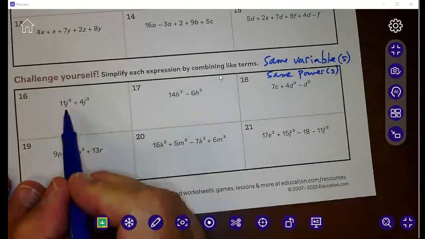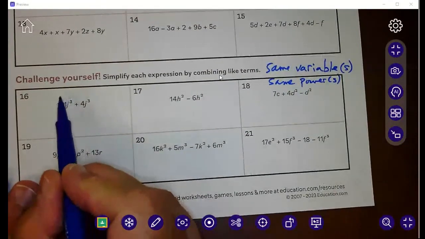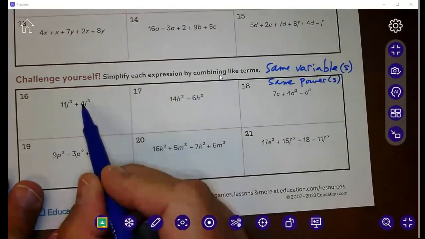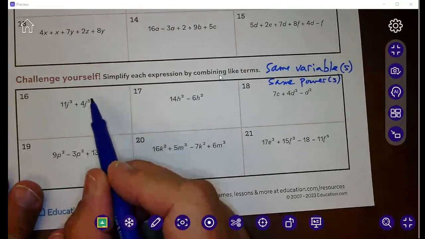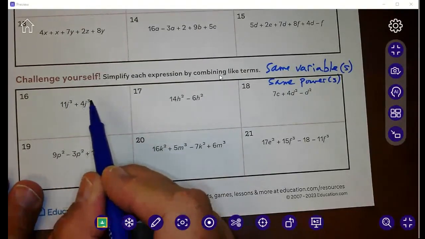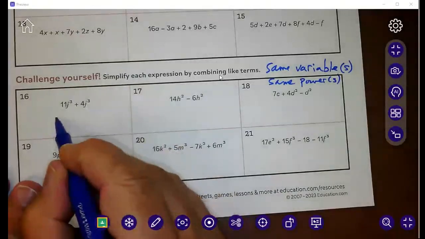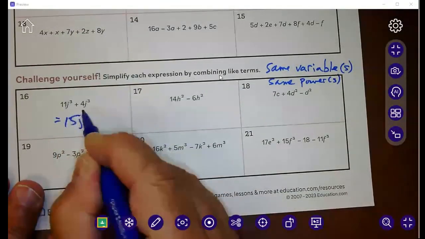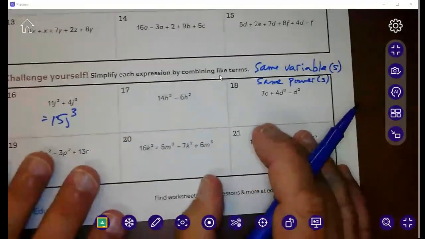So when I look here, I have a term that is 11j cubed and another term that's 4j cubed. Those two terms have the same variable to the same power, so these can be put together. So 11 and 4 is 15j cubed.